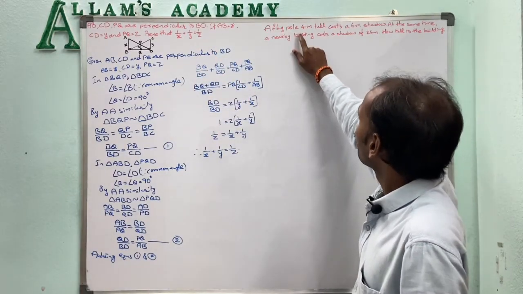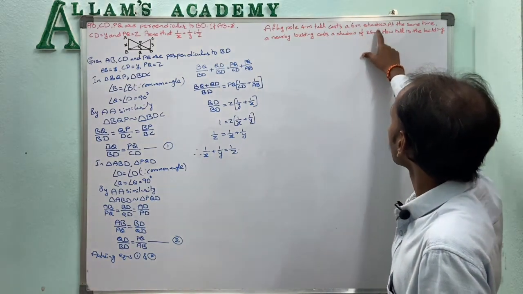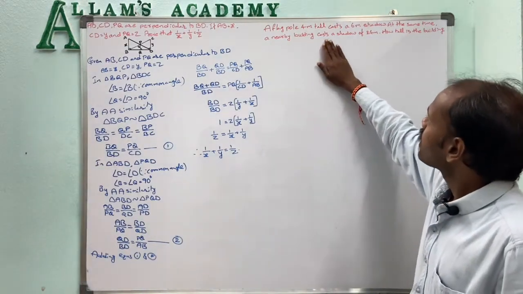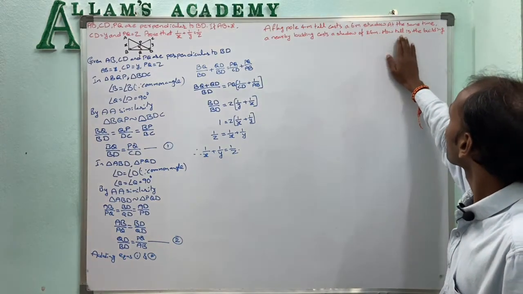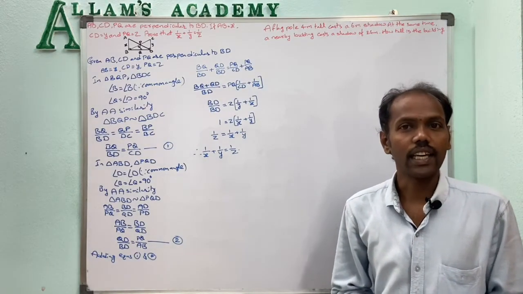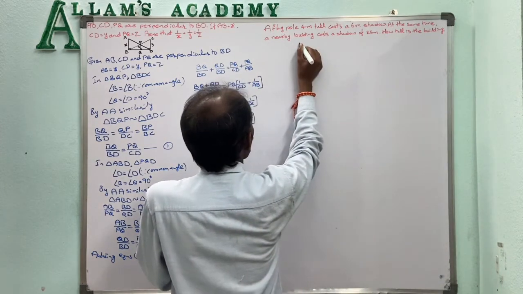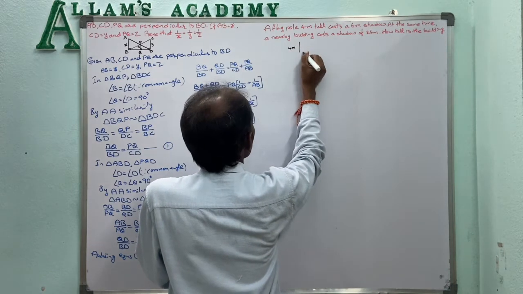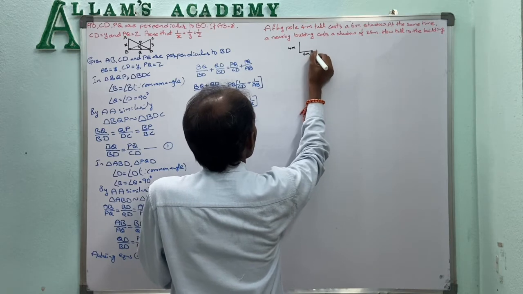Here is another problem. A flagpole 4 meters tall casts a 6 meters shadow. At the same time, a nearby building casts a shadow of 24 meters. How tall is the building? That is the information given. Okay, so here a flagpole, that is 4 meters. Now it casts a 6 meters shadow.